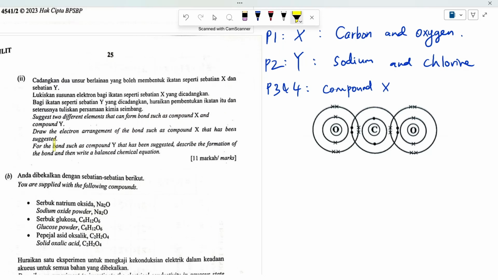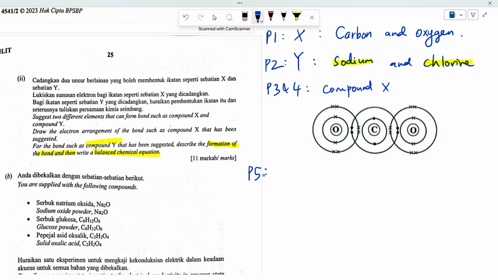Next, the question asks, for the bond such as compound Y, describe the formation of the bond. Then finally write a balanced chemical equation. So for the formation of the ionic bond, we suggest sodium and chlorine, right? Okay, point 5.